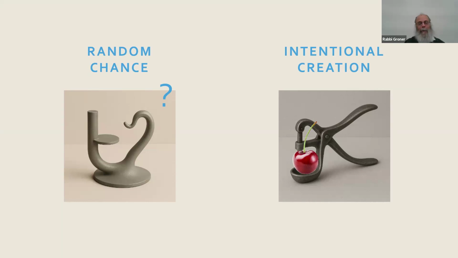It was an old-fashioned cherry pitter that you would use to take the pits out. But you want to know what the thing on the left is? The writer of this course, Rabbi Silverberg, went on AI and said, find me something that has no meaning whatsoever, but looks like something. It gave him a few options and he chose this one.